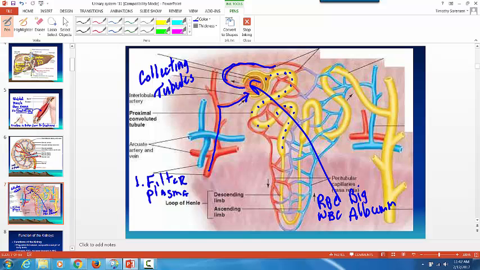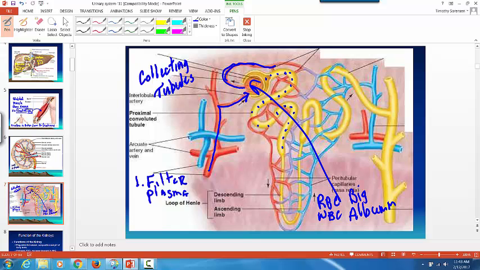Now, after you've filtered the stuff, think about it for a minute. Watch. If you're going to clean your closet, are you just going to pick stuff out and then throw it away? No, what most people do is they take everything out and then they decide what they're going to put back in. So the nephron does the same thing. It filters the plasma, right?